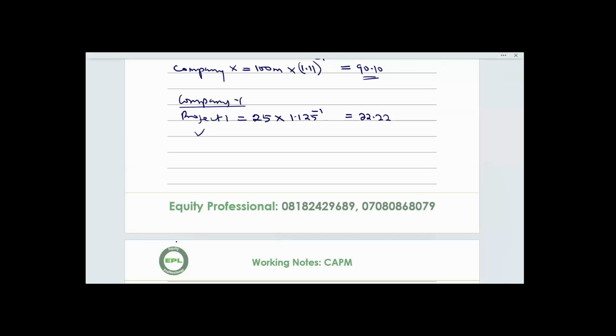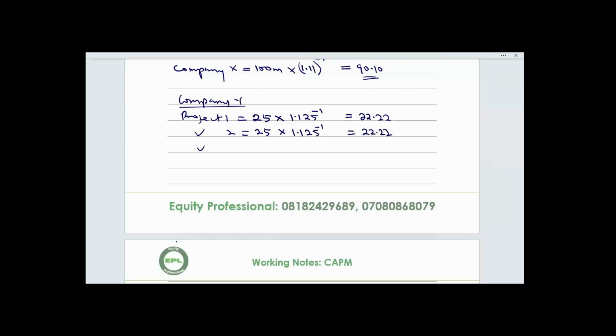Then project 2. What's the cash flow of project 2? 25 million. 25 multiplied by the same cost of capital, 1.125 raised to power minus 1. So we have the same answer.